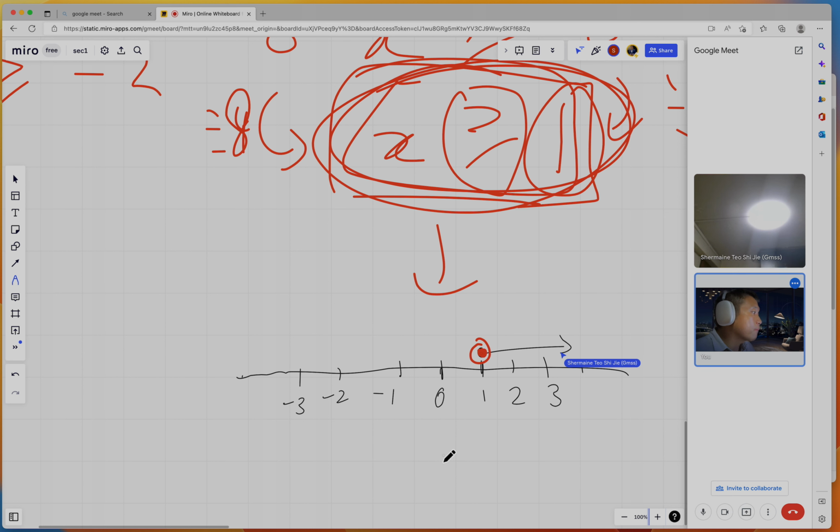Understand? Yes. If there is no equal, just bigger, what's the answer? Empty or solid? So empty. Why empty? Because there is no equal. Yes.